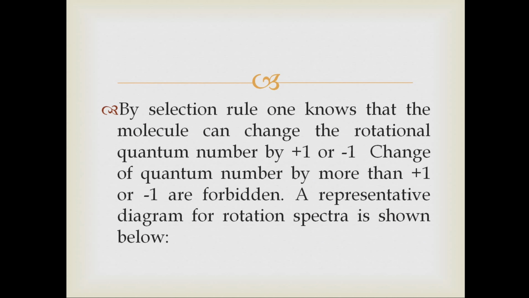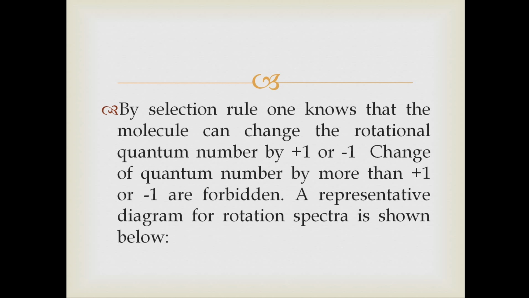Now, changes of quantum number by more than plus 1 or minus 1 are forbidden. It means in this branch, that is in rotational spectroscopy, changes other than plus 1 or minus 1 are forbidden. They are not allowed.